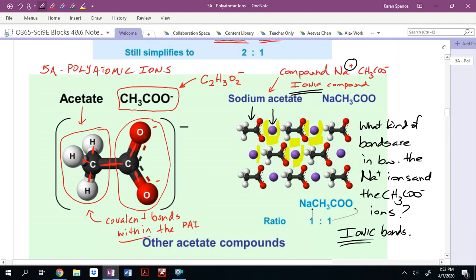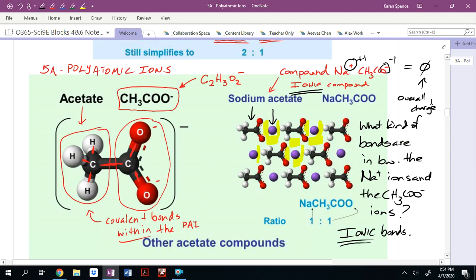Well, we have a +1 charge on the sodium, and a -1 charge on the acetate. And if we want the overall compound to have a charge of 0, one of each is perfect. Yeah? If we have a +1 and a -1, then our overall charge is 0. And remember, all compounds should have an overall charge of 0.